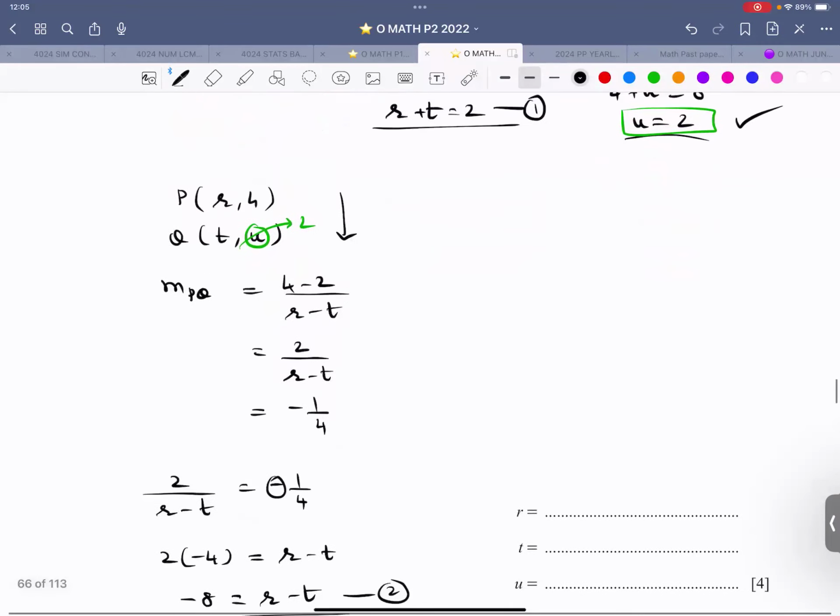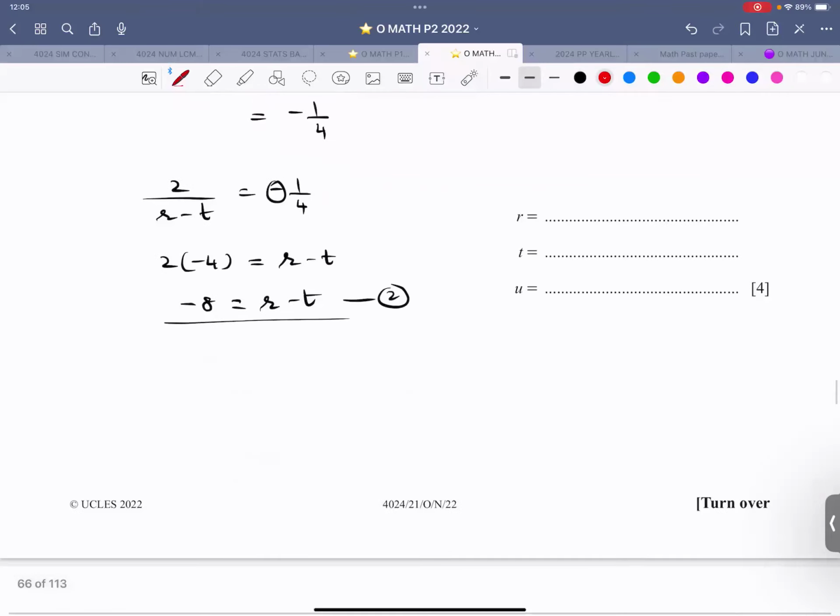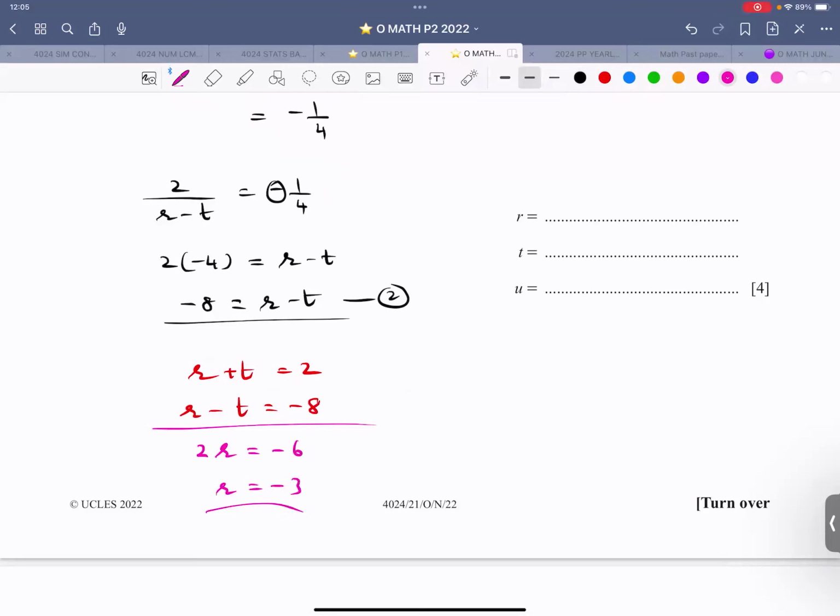Equation 1, R plus T equals 2. Equation 2, R minus T equals negative 8. Add both these equations. If I add these equations, what happens? 2R equals negative 6. R is negative 3.